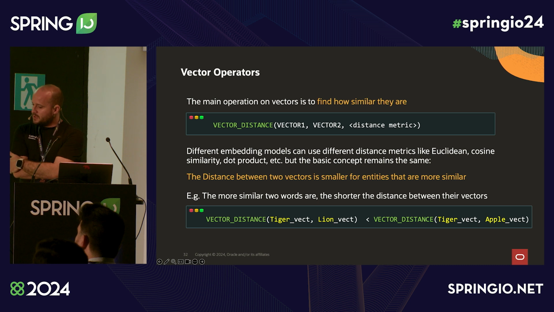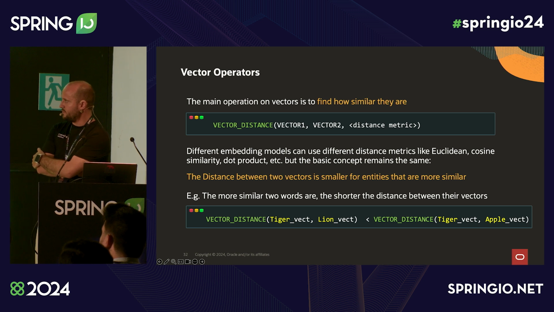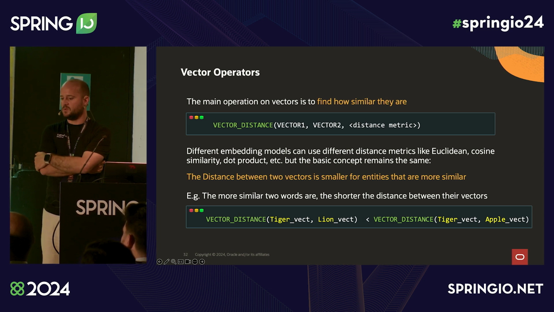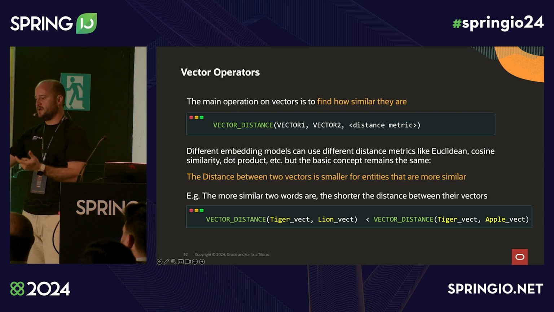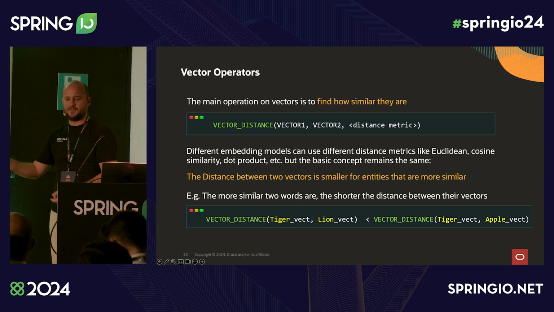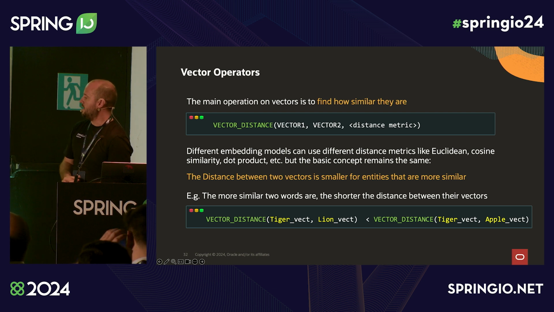How does this work? Well, we are talking about the distance, the similarity of the vectors, and one example would be, you have that method, the vector distance, and you will say this is vector 1, vector 2, and this is the metric I want you to use, Euclidean, Hamming, whatever you are using.